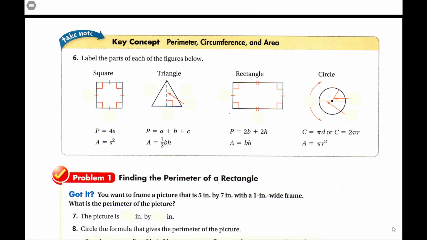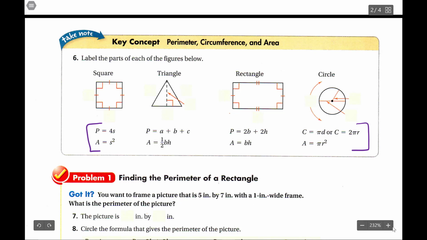For number 6, we're just going to label the parts of each one of these figures. We are given down here in the bottom the perimeter and area formulas, or in the case of the circle, the circumference and area formula, using the different components of each individual shape.